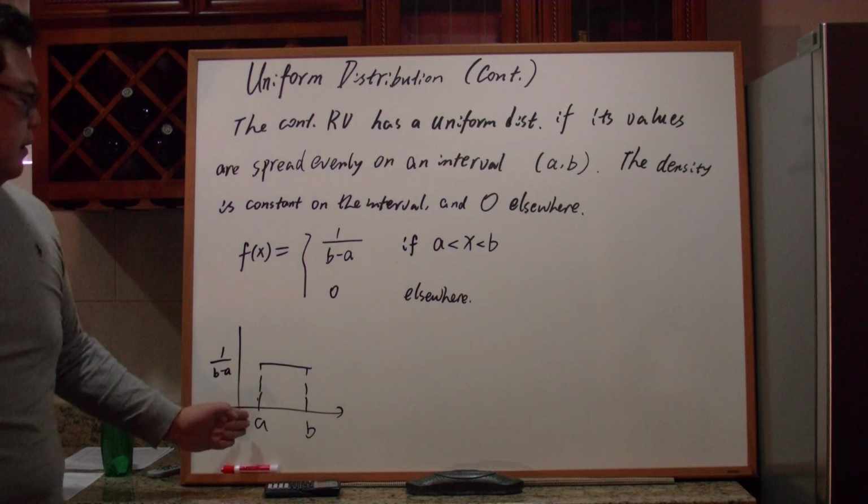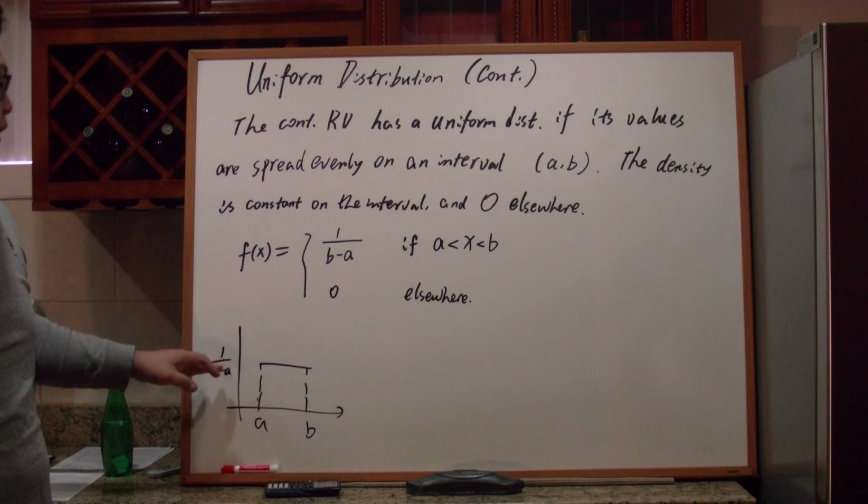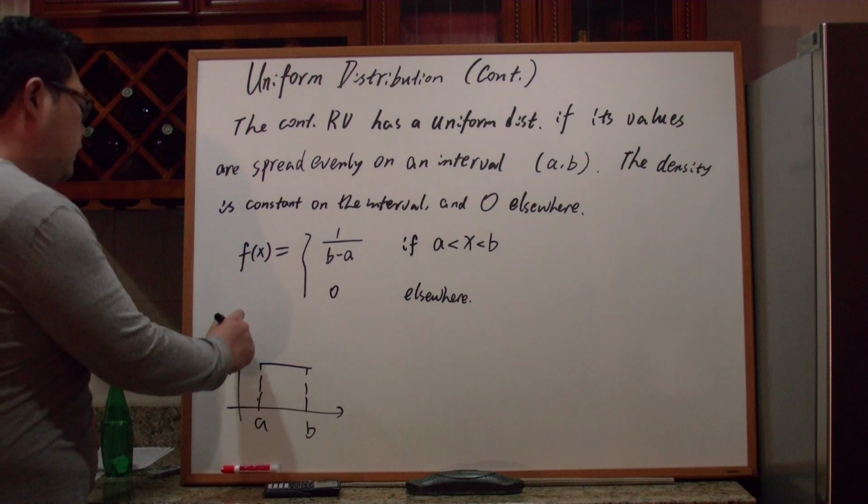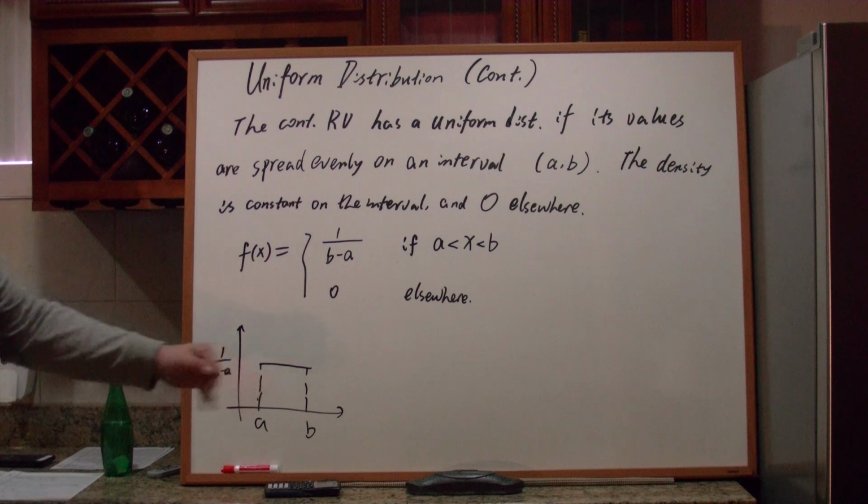So that is this, right? Between a and b the height of the density is 1 over b minus a, and out of range everything is 0.